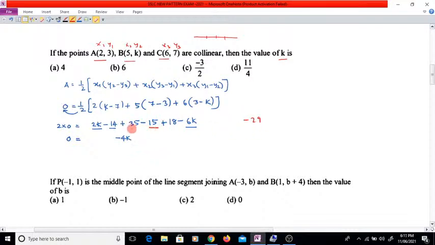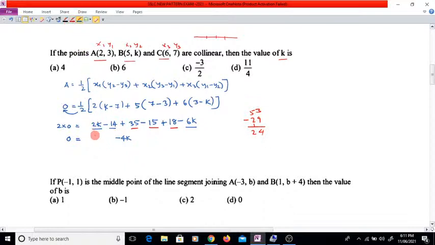Now 35 plus 18: 8 and 5 is 13, carry 1, this is 53. So 53 minus 29: 13 minus 9 is 4, carry 1, 5 minus 3 is 2, so this is 24.